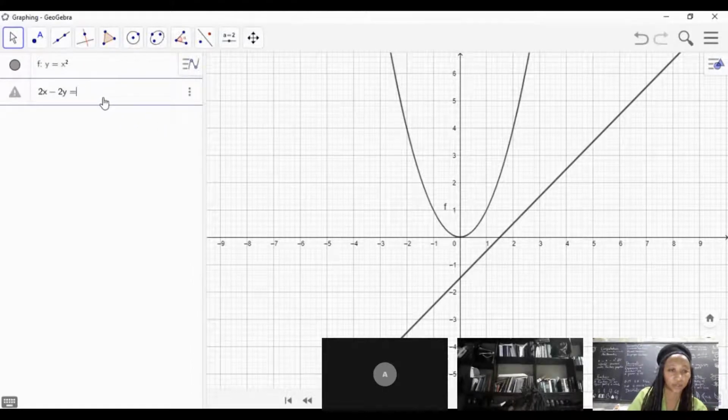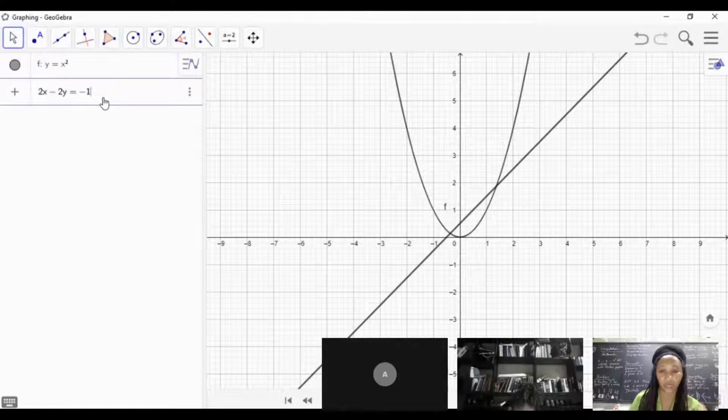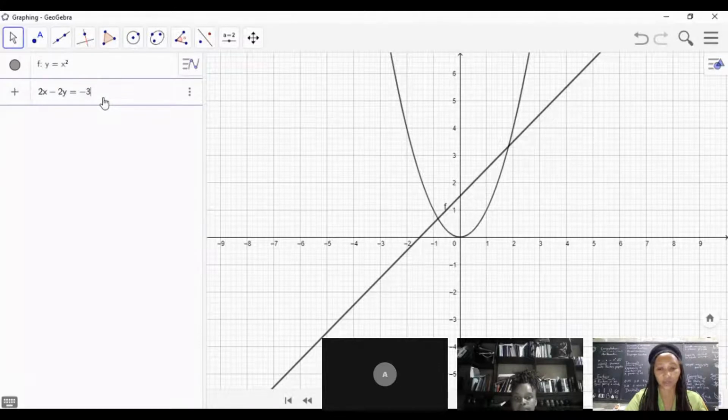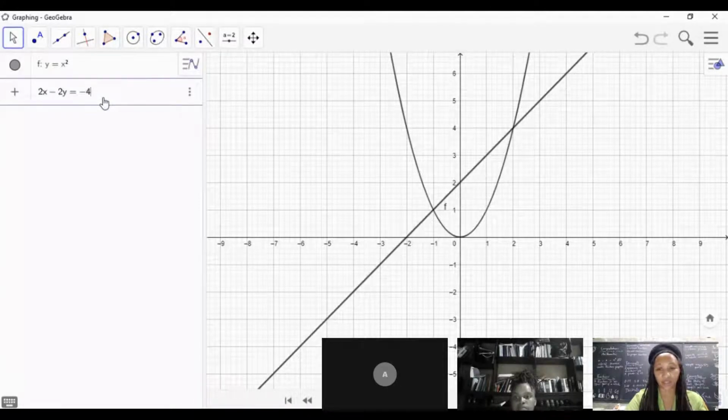Equals -1. Okay. All right. So what would you say are the solutions for this? Let me experiment with some numbers and see if I can get some to accurately cut.